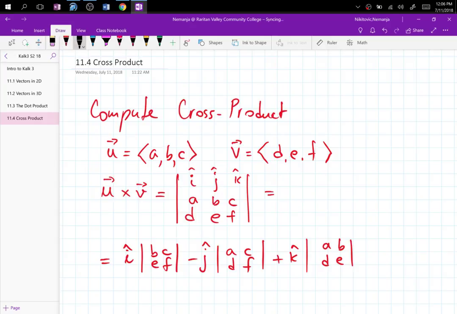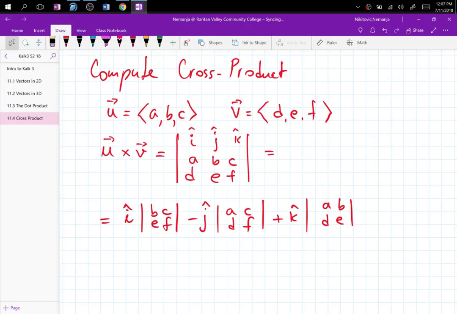You delete the row and column, and you have your A, B, D, E. So you compile the three two-dimensional determinants, and then you compute each one of those.